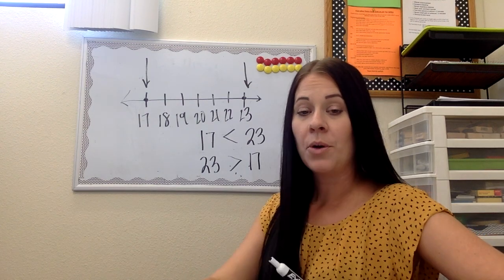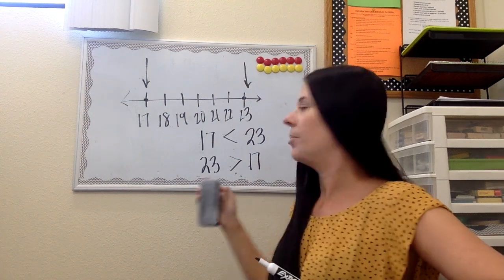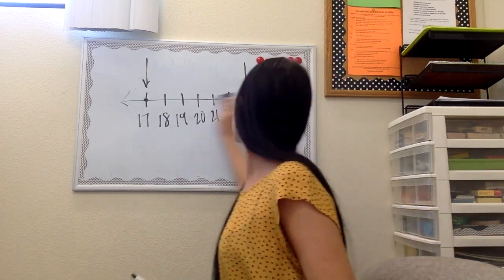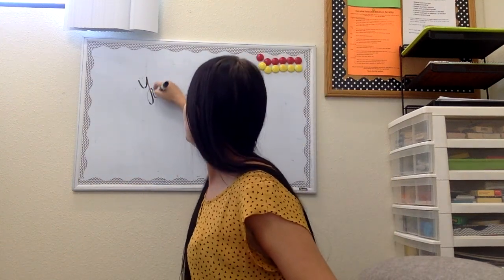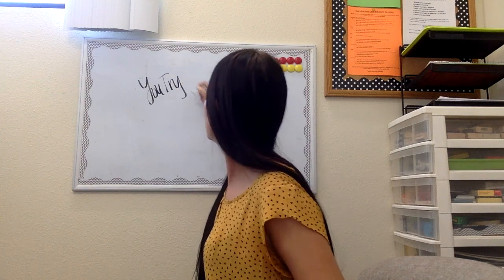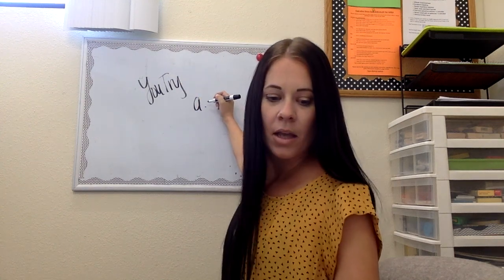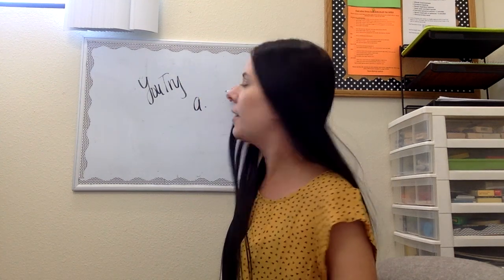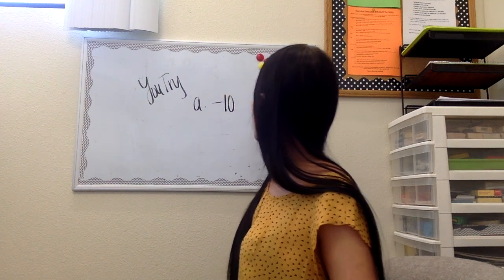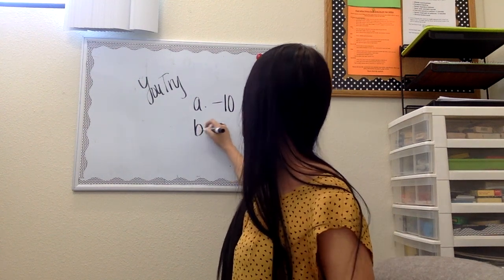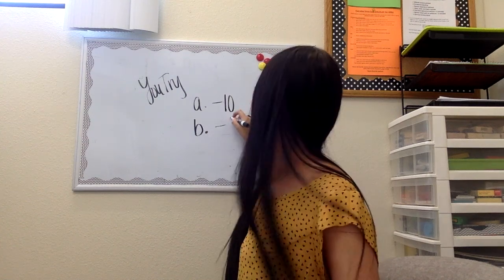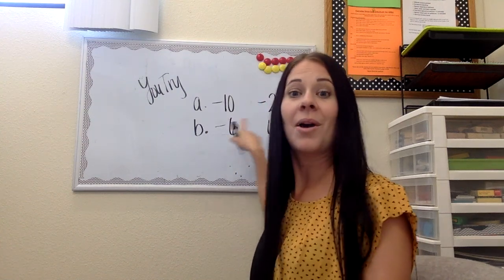Okay, so I want you to try a couple. So in your math journal, or math notebook, I'll call it both sometimes, and we'll call this one letter A. I want you to compare negative 10 and negative 2. I want you to compare negative 6 and 6, which remember these are opposites.